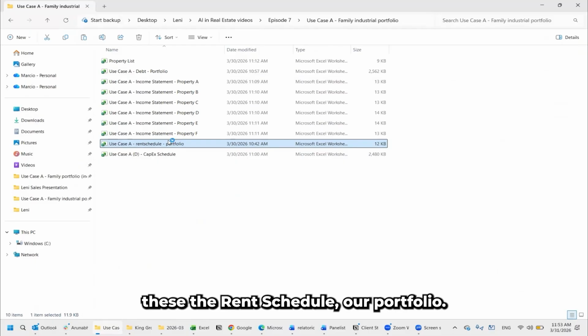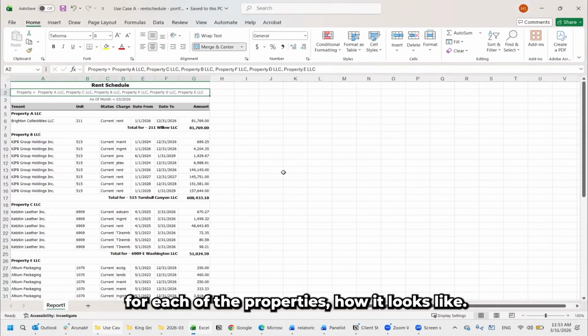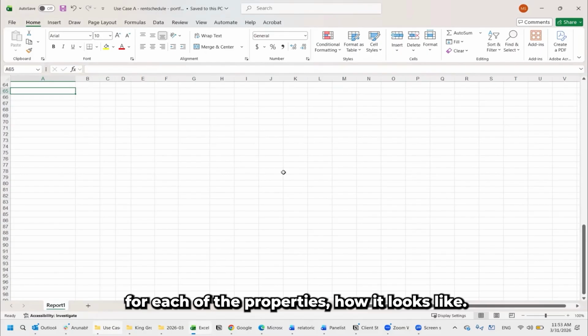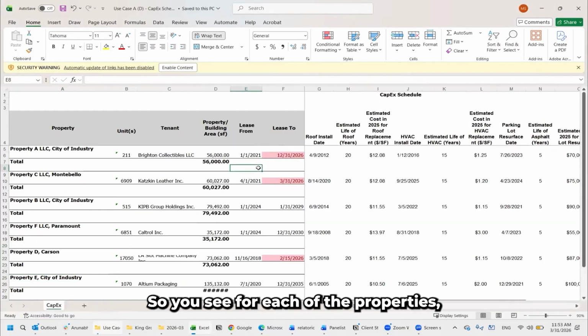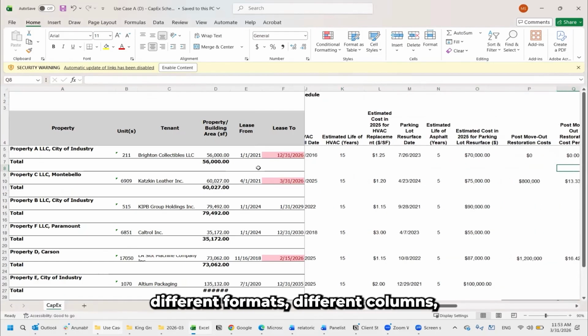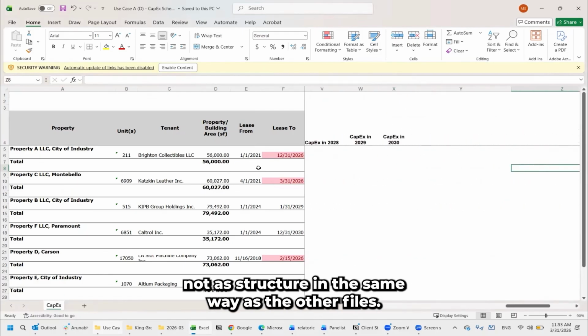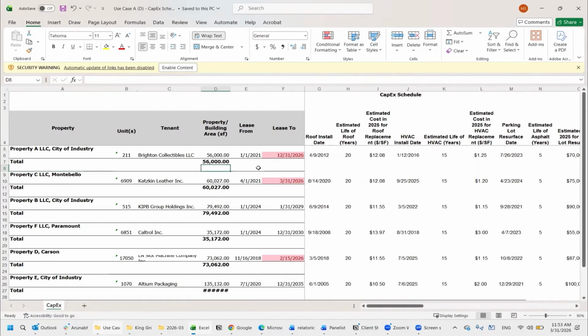This is the rent schedule for the portfolio. You see for each of the properties how it looks, and the CapEx schedule as well. You see for each of the properties, different formats, different columns, not as structured in the same way as the other files.